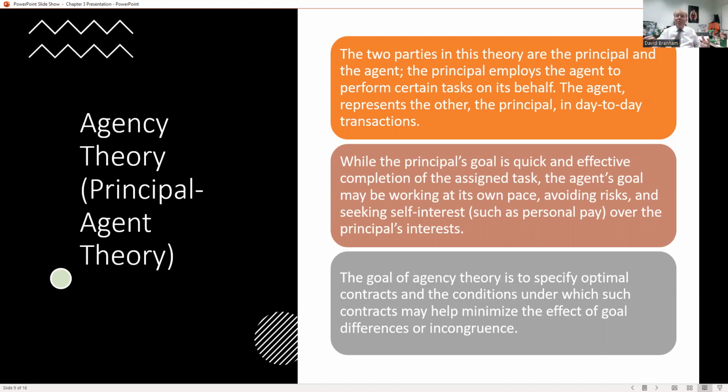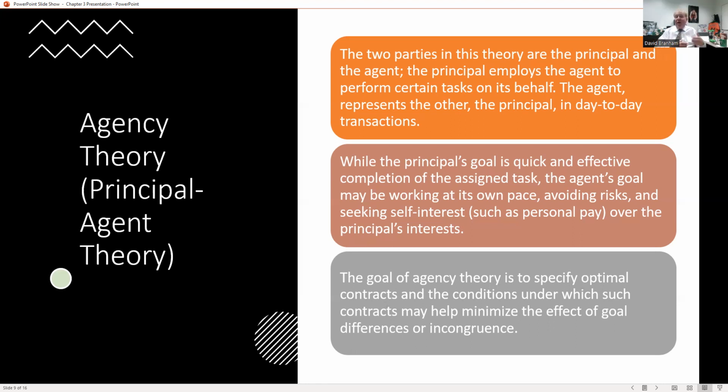Second part, while the principal's goal is quick and effective completion of the assigned task, the agent's goal may be working at its own pace, or avoiding risks, or seeking other self-interest things like more pay.